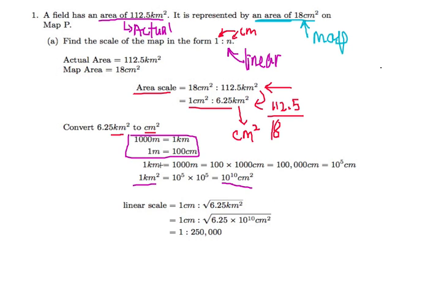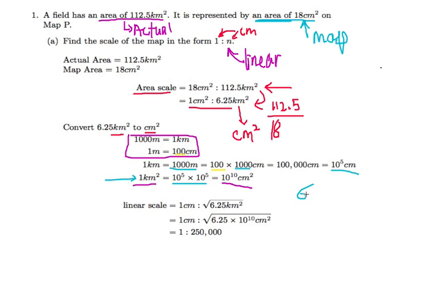Since 1 kilometer equals 1000 meter, 1000 meter times 100 gives 10 to the power of 5 centimeter equals 1 kilometer. So for kilometer square, you simply multiply 10 to the power of 5 times 10 to the power of 5, which gives you 10 to the power of 10 cm square. Great. So now you know that 1 kilometer square equals 10 to the power of 10 cm square.